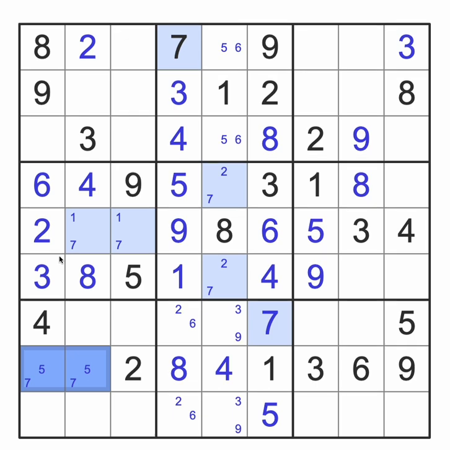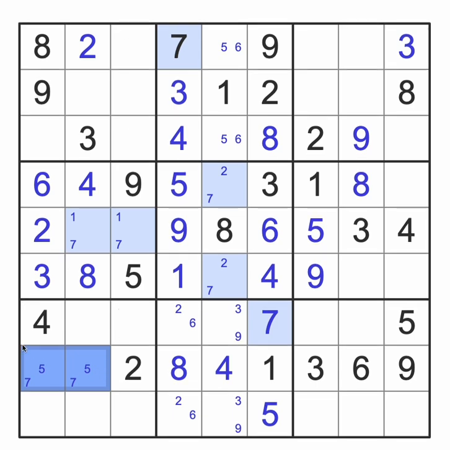Okay, and yeah, this box has another double. Column 1 has 3 and 8, and column 2 has 3 and 8. So I cannot place 3 and 8 in these cells. That leaves only 2 empty cells.